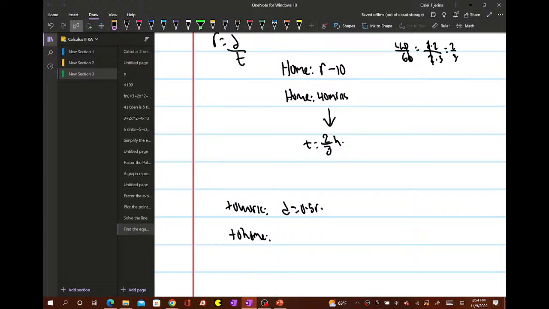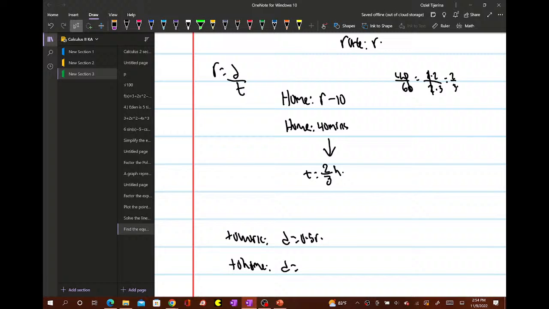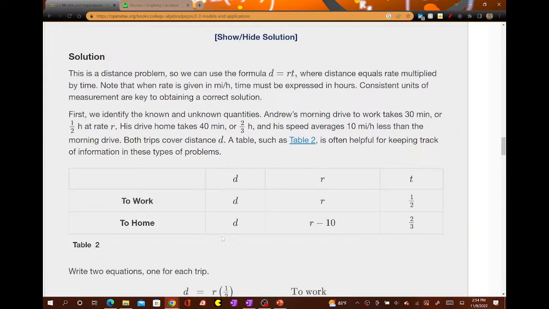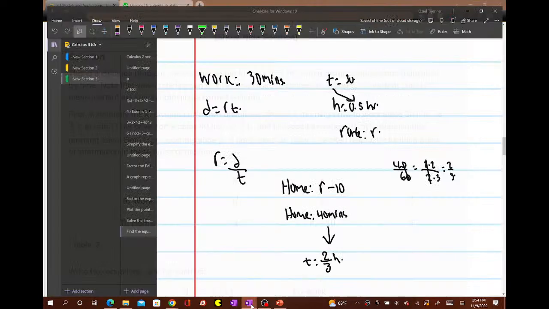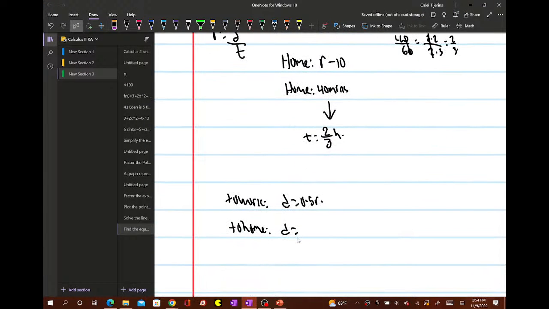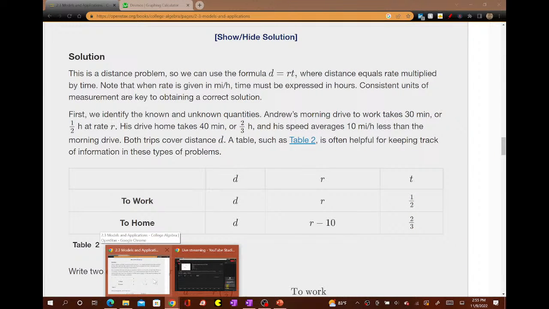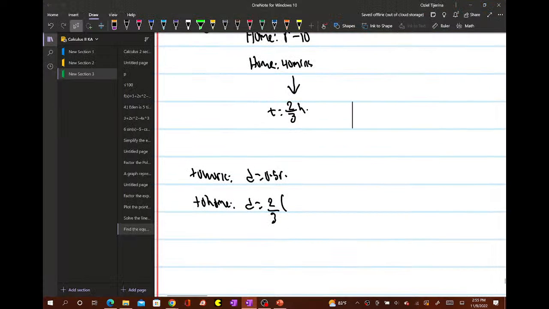So d equals 2/3 times r minus 10, because the rate is r minus 10.